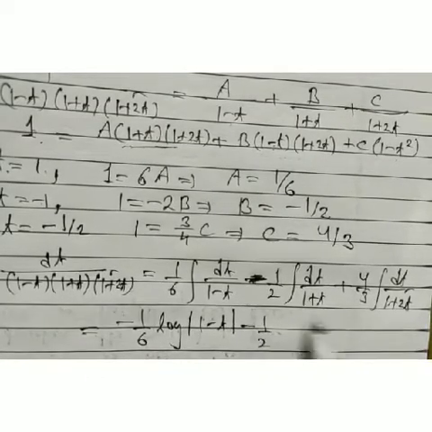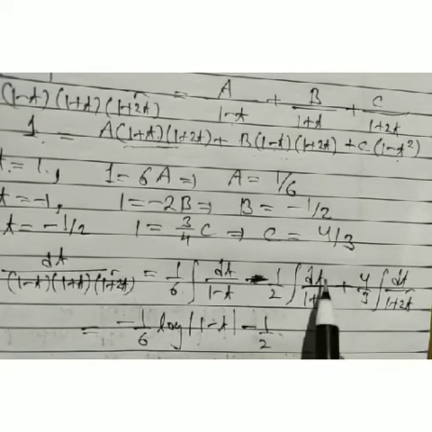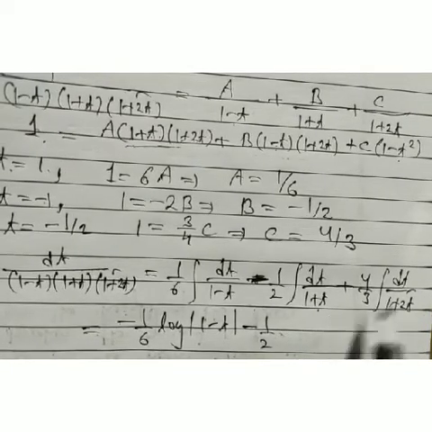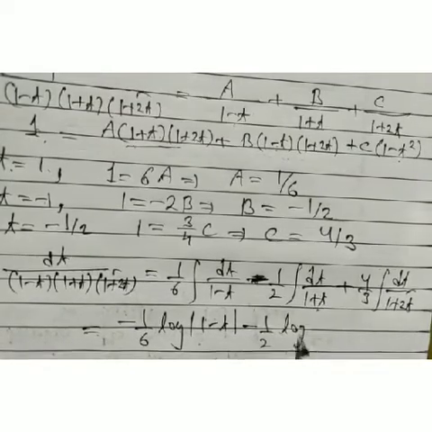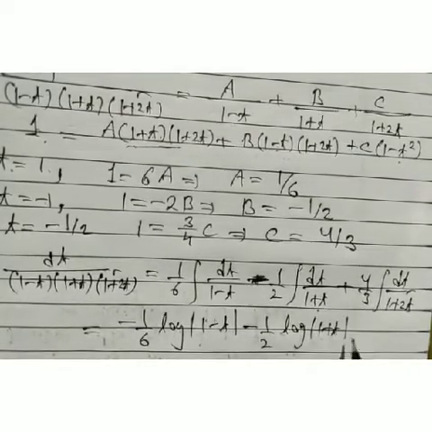Similarly, we take 1 plus t equal to n, then dt is equal to dn, and we have dn by n, which is again a log form, giving log of n, that is, 1 plus t.